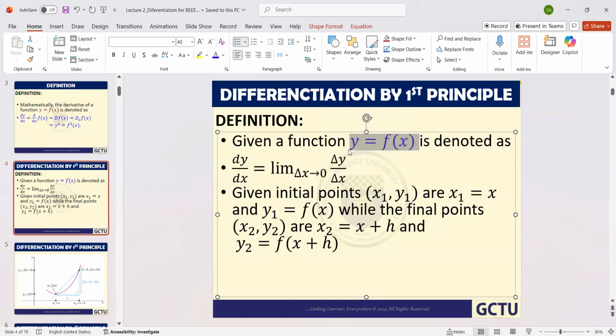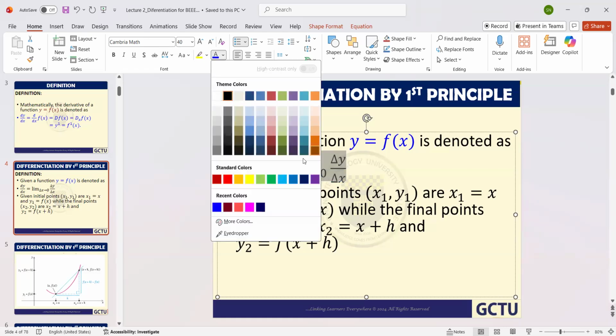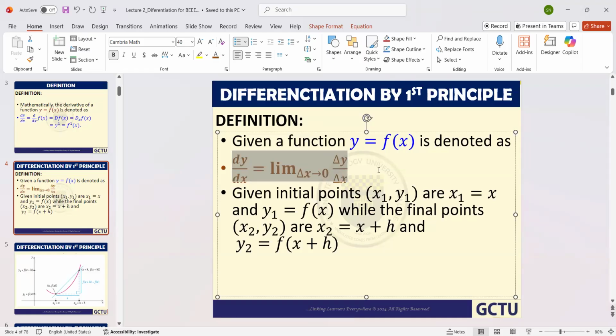Let's say you are given a function y is equal to f of x. To differentiate that function, dy dx is the limit of the change in y with respect to the change in x. Remember, when you are finding the slope, it is change in y over change in x. I hope you remember that formula, and we are borrowing it in this sense.